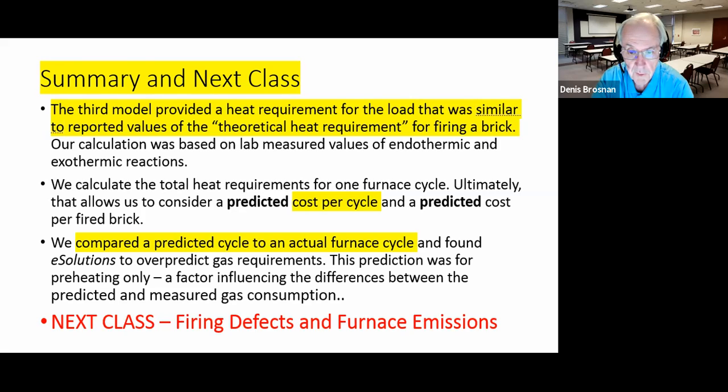We calculated the total heat requirement for a furnace cycle. Ultimately, that allowed us to get a predicted cost of fuel or amount of fuel that we would use. And we could predict how much we would use in energy per brick. It's predicted.